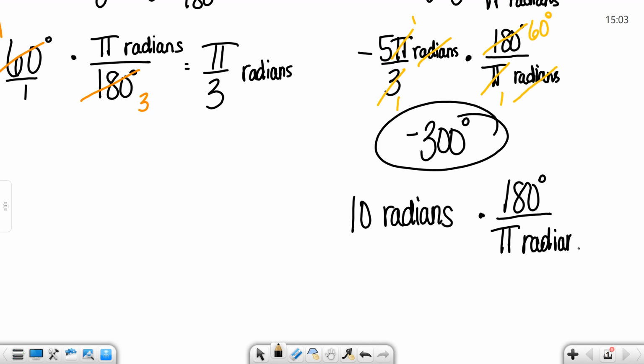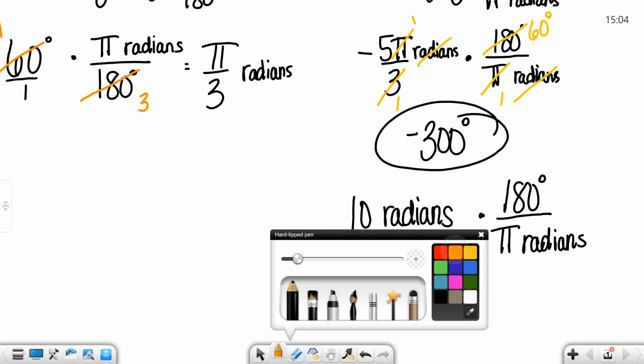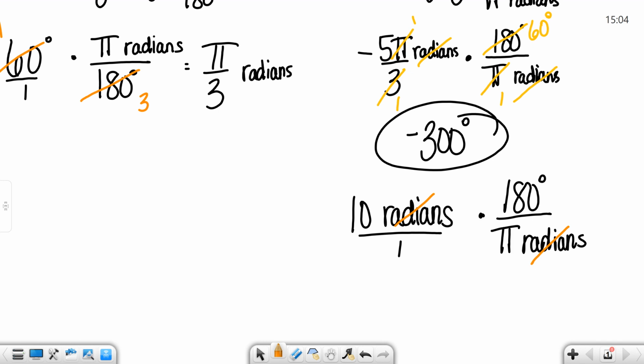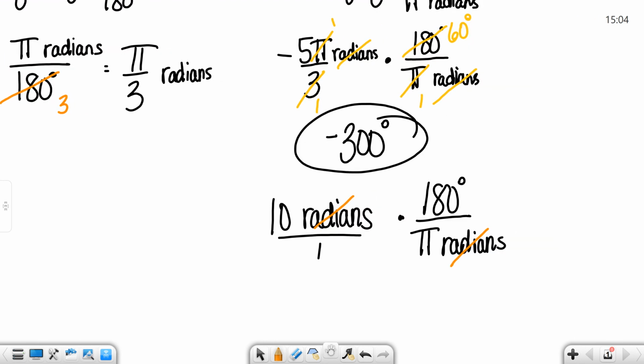Process is the same. If I put a 1 under that 10 radians, the radians divides out, because 1's in the numerator, 1's in the denominator. But my numbers do not divide out. There's nothing that divides out with that pi, so it stays there.